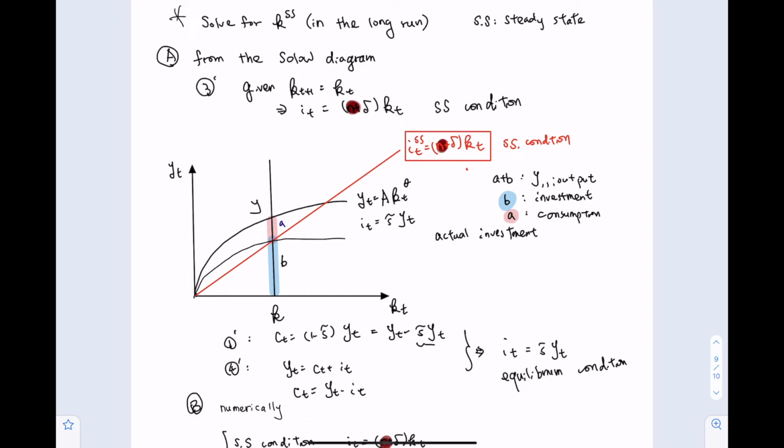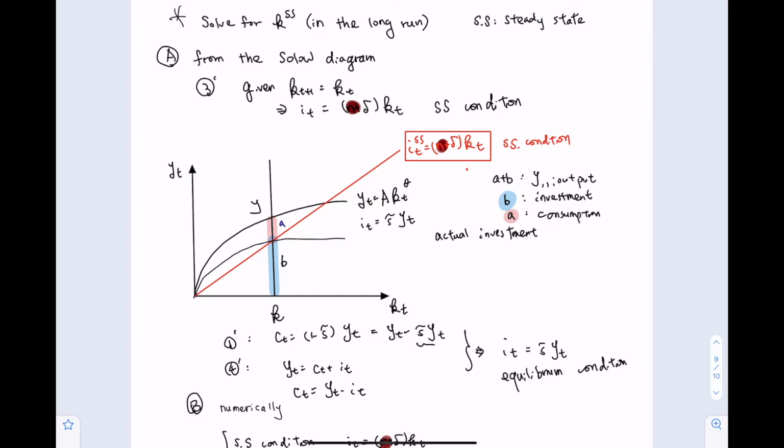We have y t equal A k t to the power of theta. We have i t equal s times y t, which is the combination of the household decision related to consumption and saving, and the equilibrium condition that whatever amount of the output is produced needs to be either consumed or invested.